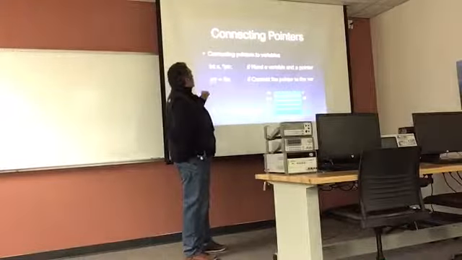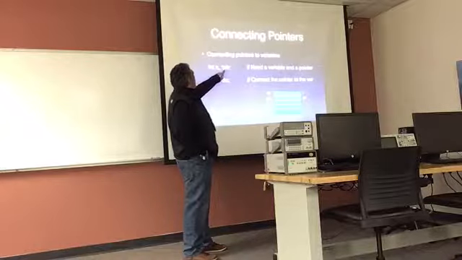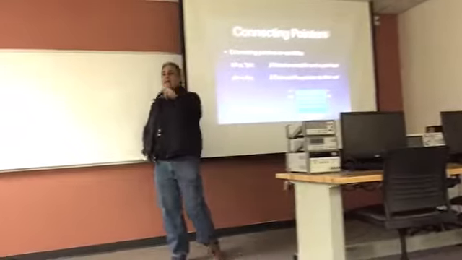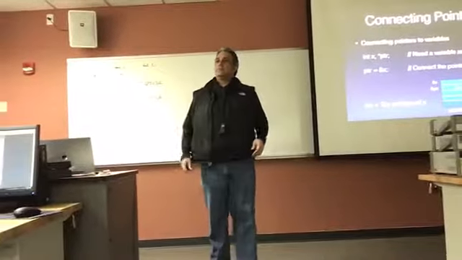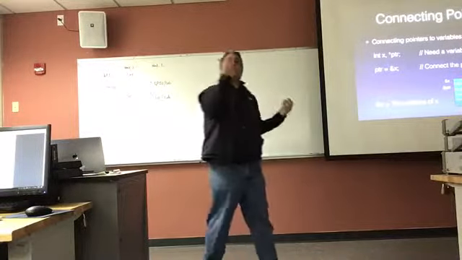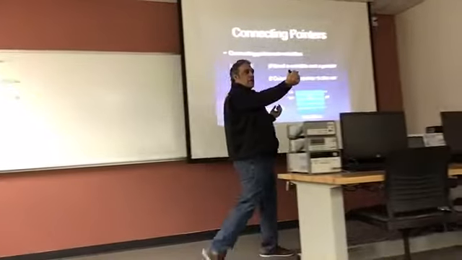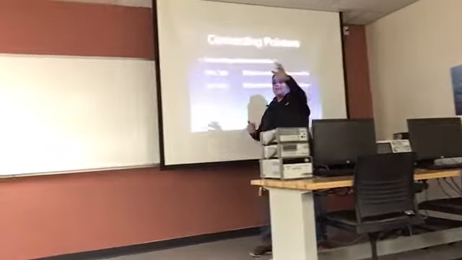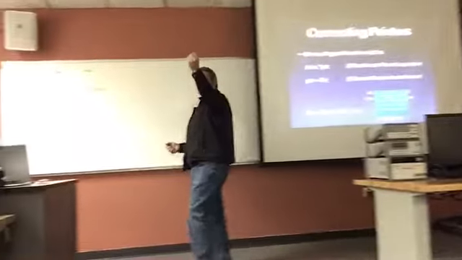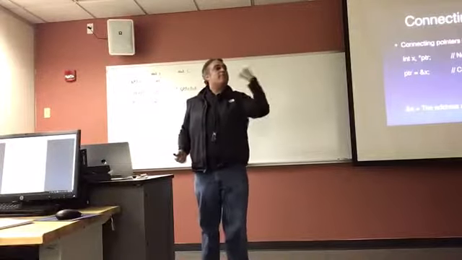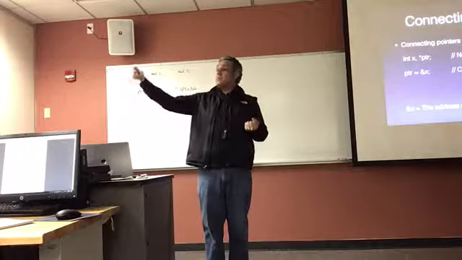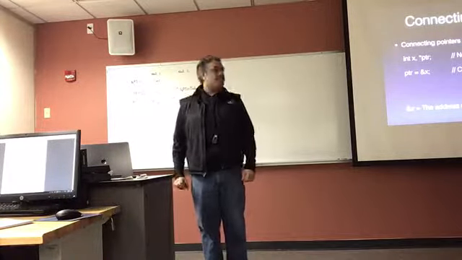Once the pointer is created, right? Once you create the pointer, you're going to need a variable of the same data type. Okay? So, if I have something that I'm going to point to, I want to make sure that whatever I'm pointing to is of the same data type as the pointer, right? So if you have a variable of the int type, I also want to have a pointer of the int type, okay?